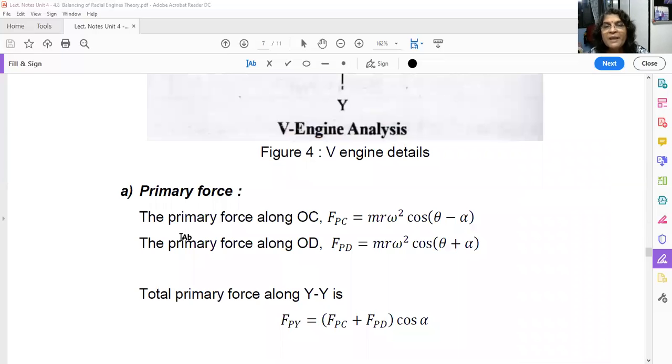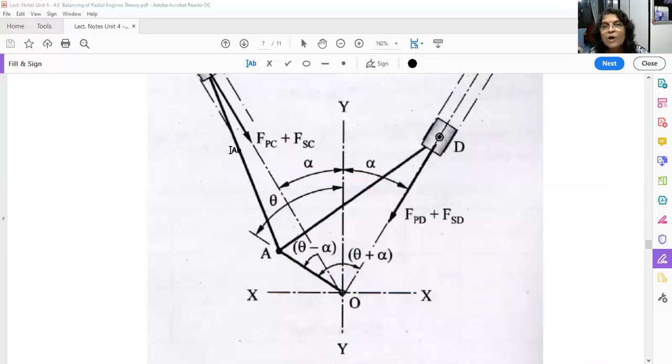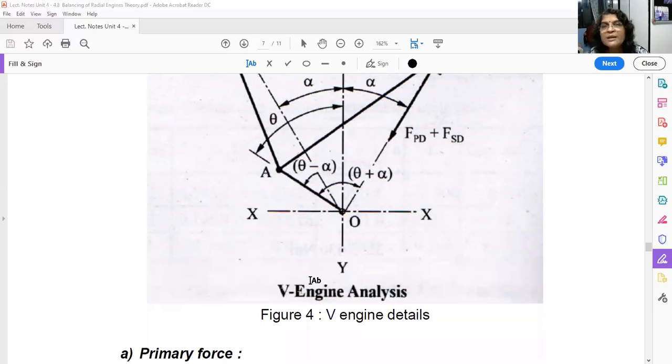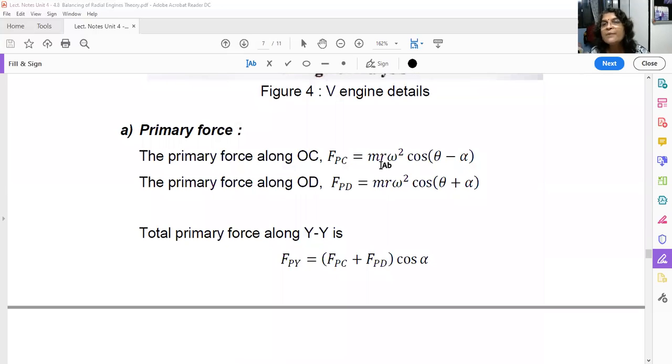See here, the primary force along OC we will call FPC, P for primary, C for cylinder C. So how much is this angle? It is m r omega square cos theta, but it is not angle theta now. The angle between crank and line of stroke is theta minus alpha. So the primary unbalanced force along OC is m r omega square cos(theta minus alpha).